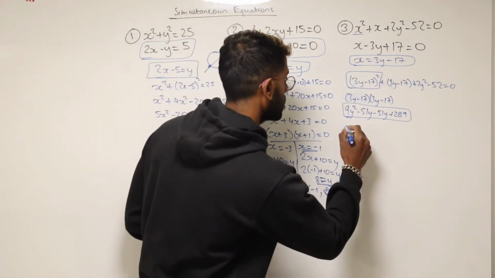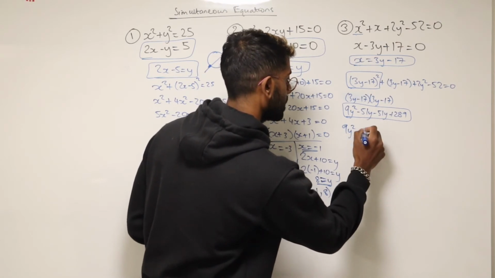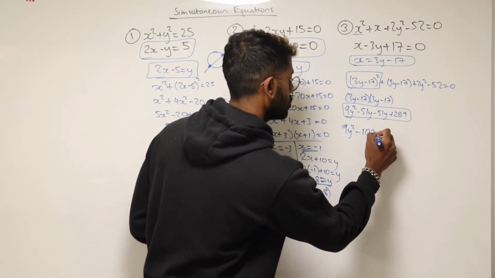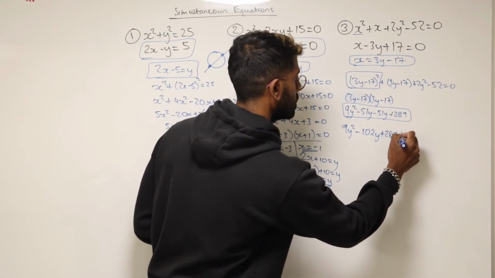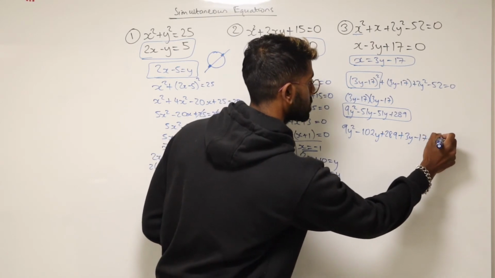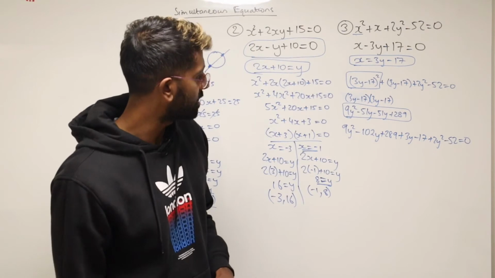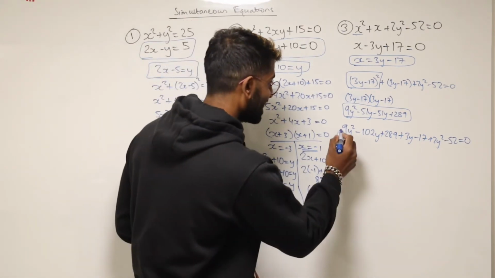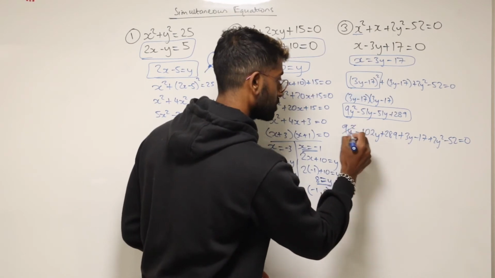So 9y squared, I can bring this together to minus 102y plus 289 plus 3y minus 17 plus 2y squared minus 52 equals 0. Goodness me, there's so many things there. Now, 9y squared plus 2y squared, that's 11y squared altogether.